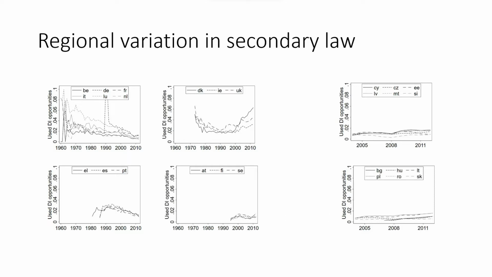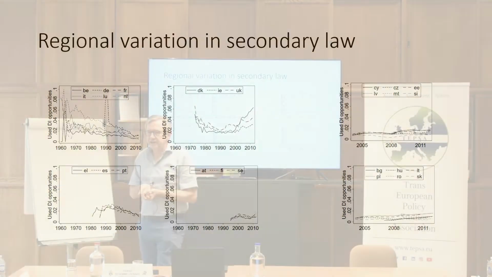Now, if you see the first enlargement cohort, rather high level of differentiation in secondary law at the beginning, going down, but since the 2000s, it's going up again. We also see that this is of course mainly driven by Denmark, the UK, Ireland. Denmark and the UK not being in the Eurozone, and all of these countries having opt-outs from justice and home affairs.